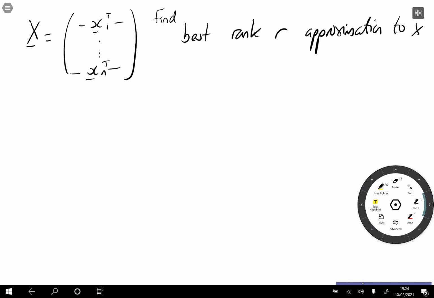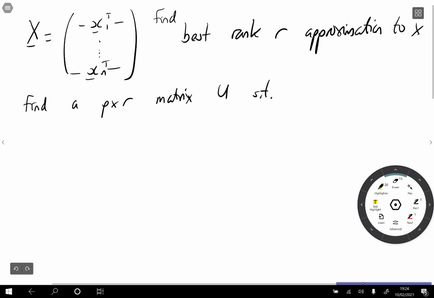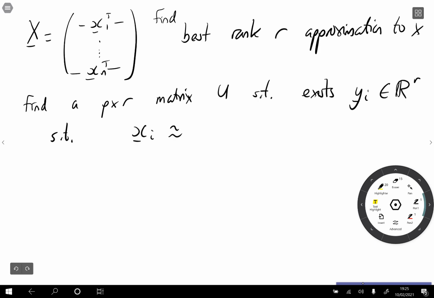So one way to think about this is to try and find a P by R matrix U such that there exists yi in R^R such that xi is approximately equal to U yi.